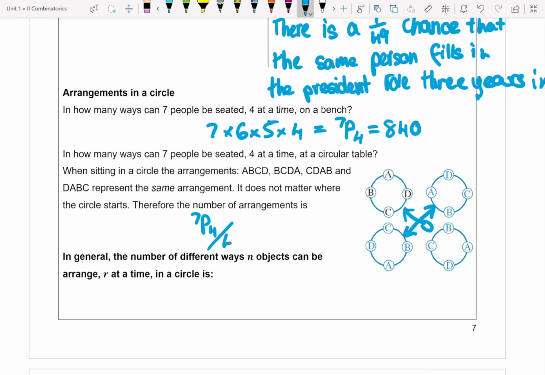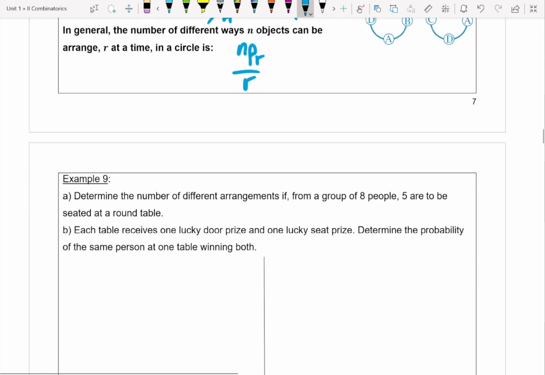So all we do is divide that answer by 4. So in our case, that's 840 on 4, which is 210. So in general, the number of different ways is nPr on r, right? Because our circle has 4 objects in it, and that's our r value.